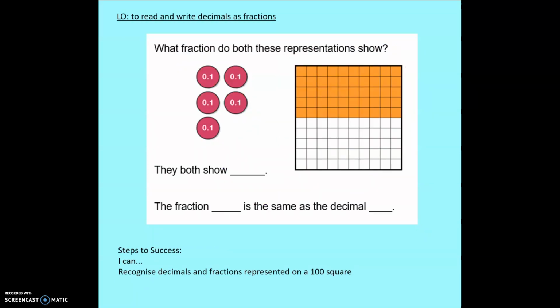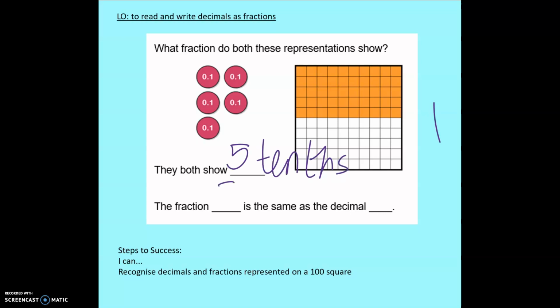Let's have a go at another one. What fraction did both of these represent? Here I've got 5 0.1 counters, which means they're showing 5 tenths. And if I look over here, I've got my 100 square and I've got 50 squares coloured in, which I also know is the same as 5 tenths. So both of them show 5 tenths.